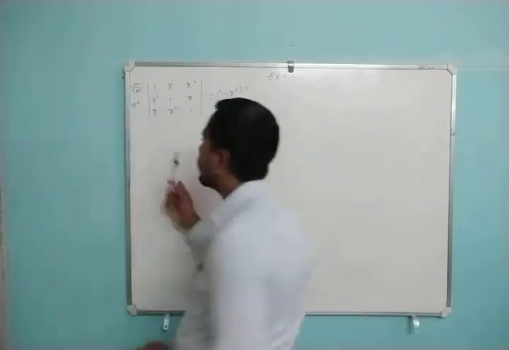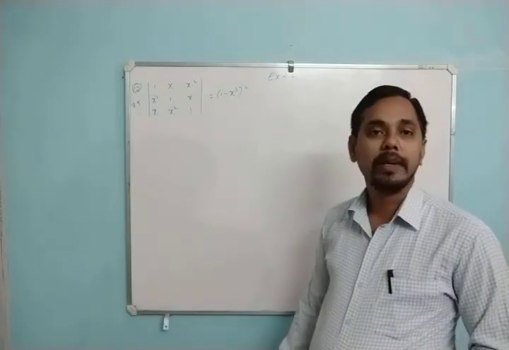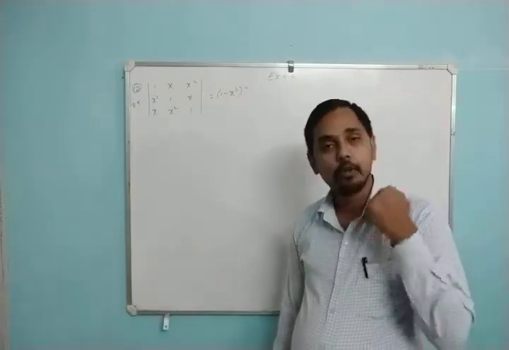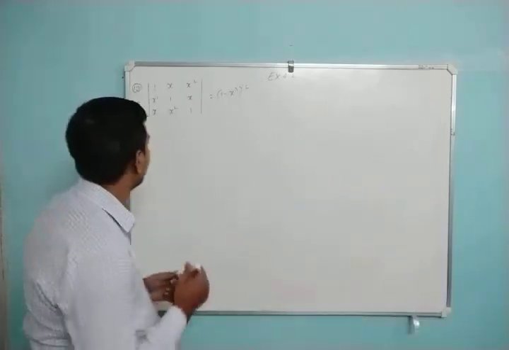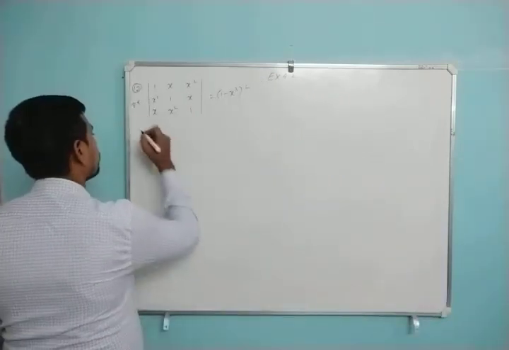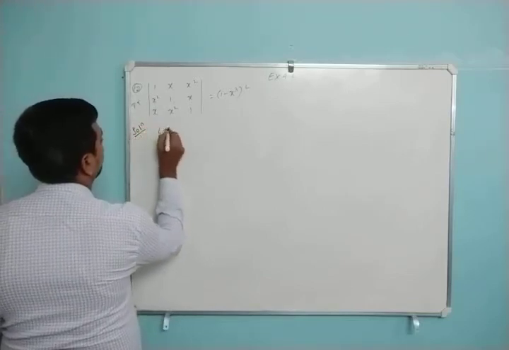Here they have given a 3 cross 3 determinant as usual and they have asked to prove it equals 1 minus x cube into 1 minus x cube the whole square. How to do this? Let's see. What is our LHS?